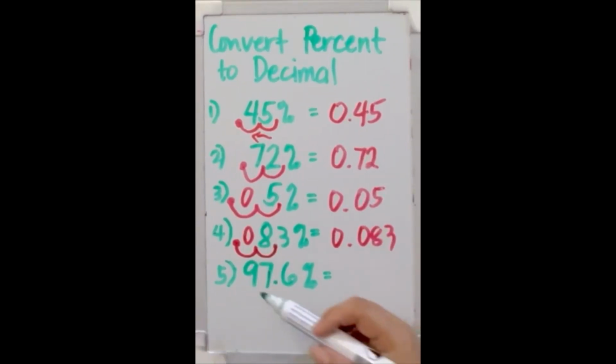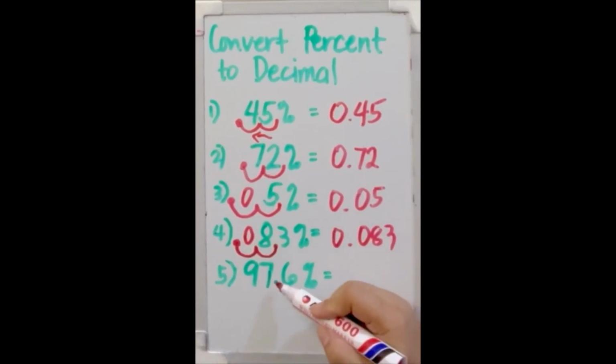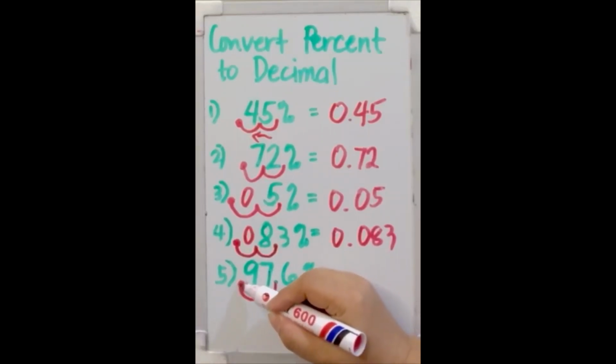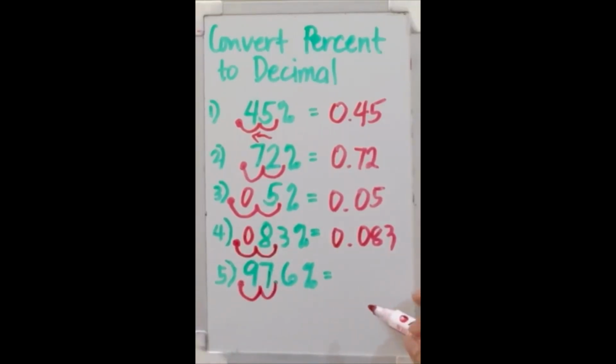The last example is 97.6%. We will be moving this point here to the left 2 places. 1, 2. So the point is now here. 97.6% is equivalent to 0.976. This is how we convert percent to decimal numbers.